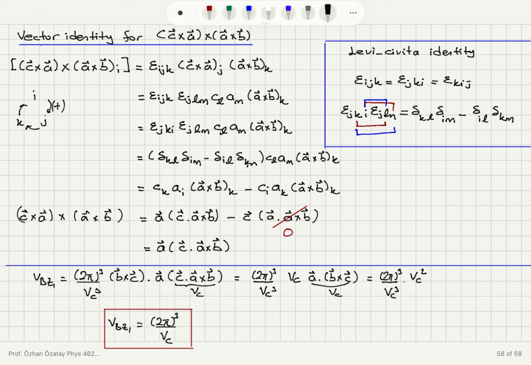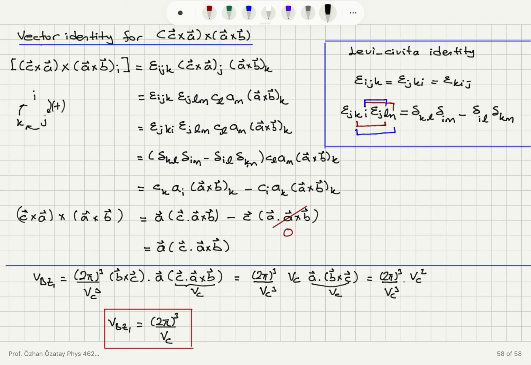And this is basically telling me that I'm taking the dot product of vector C with A cross B because I'm adding there the same projections, the kth components, and there's the vector A minus vector C, ith component of C, the dot product of A with A cross B.